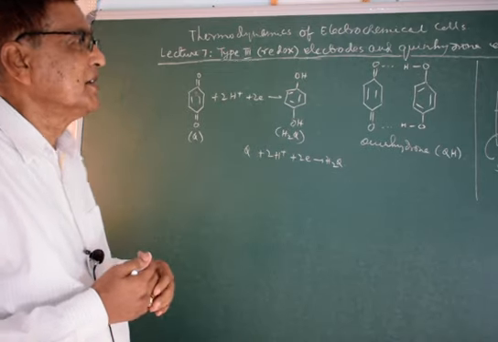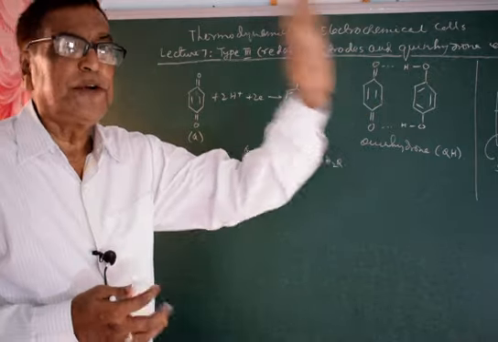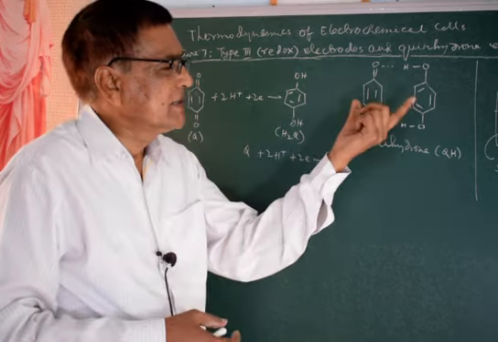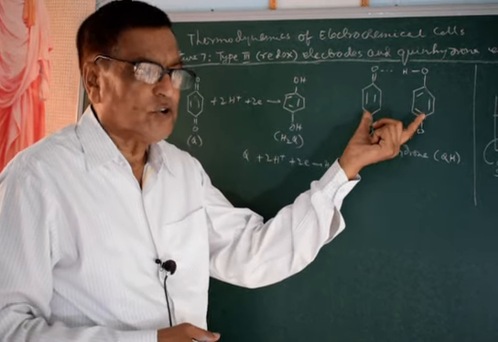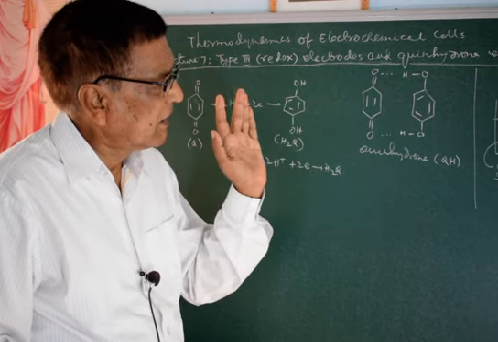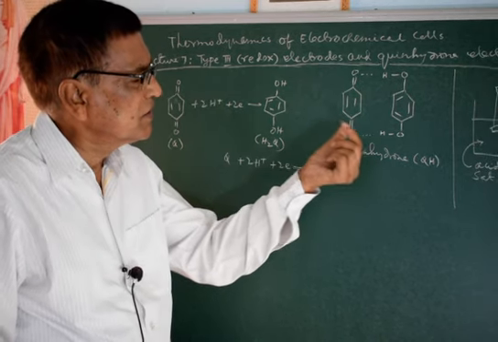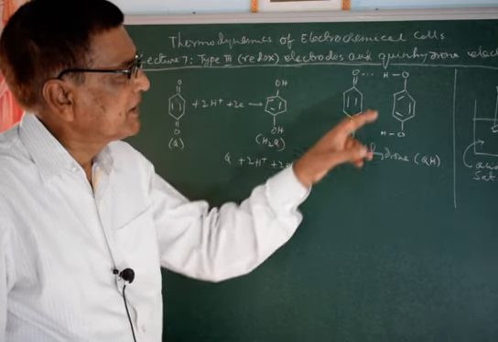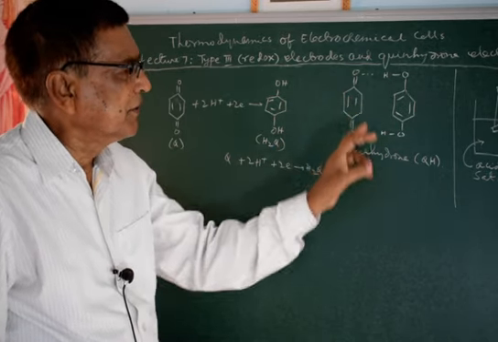Now let us discuss the quinhydron electrode. Quinhydron is a crystalline solid substance, a 1:1 molecular compound joined by hydrogen bonding.